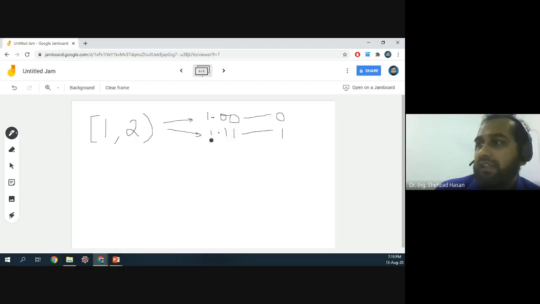So this number is not actually 2, but it differs from 2 by just 2 raised to power minus 24. As I've explained earlier, if you add 2 raised to power minus 23 to it, not 24, to this number, then this will become 2.